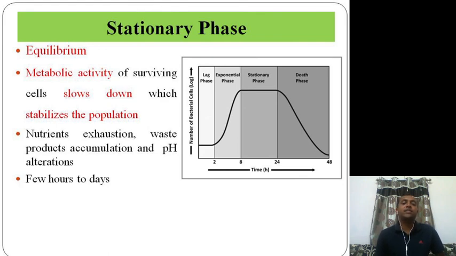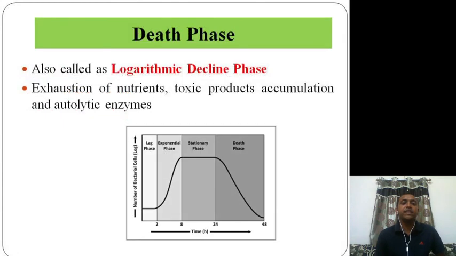The last phase is the death phase, also called the logarithmic decline phase. As you can see in the graph, there is a steep decline in the curve. This is because of the exhaustion of nutrients, accumulation of toxic products and autolytic enzymes.